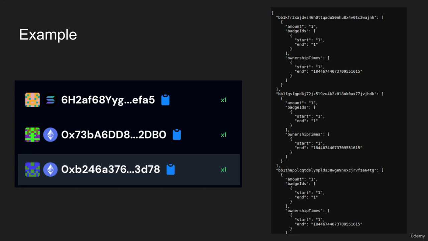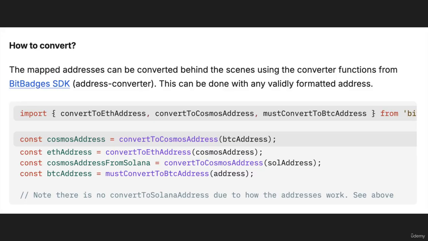As an example, this is for our token standard or badge standard. You can see that the same Solana address and the 2 Ethereum addresses both own one of the token or badge, but behind the scenes in the JSON map, they're all mapped to an equivalent BitBadges address, and we use that as the common denominator or common interface naming scheme.